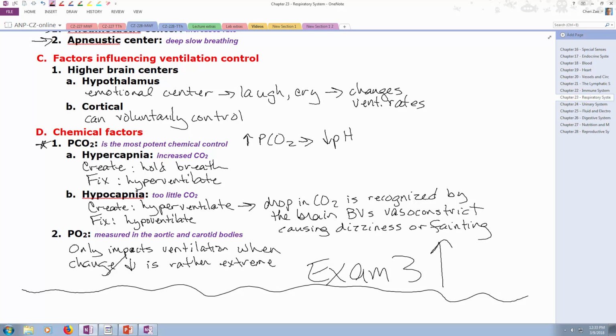So the pulse oximeter is using some chromatophilic type of process to ascertain how much oxygen saturation is occurring in your oxygenated blood. So if you're at 98 to 100%, that means your PO2 is around 104.